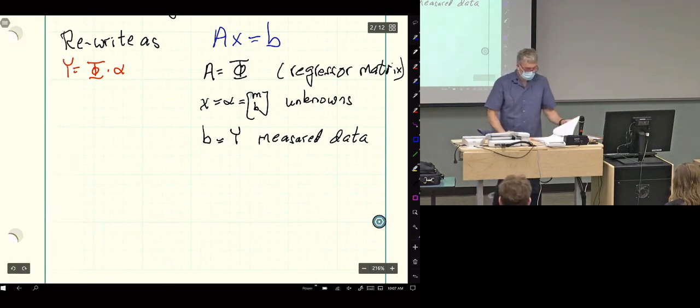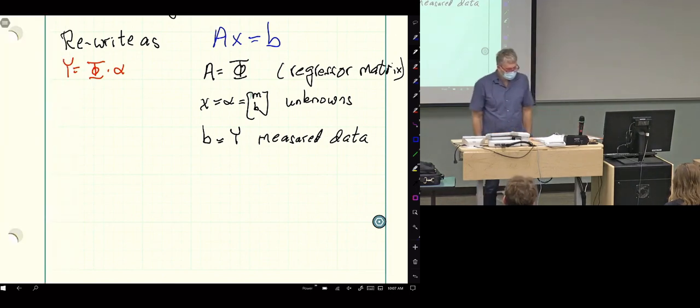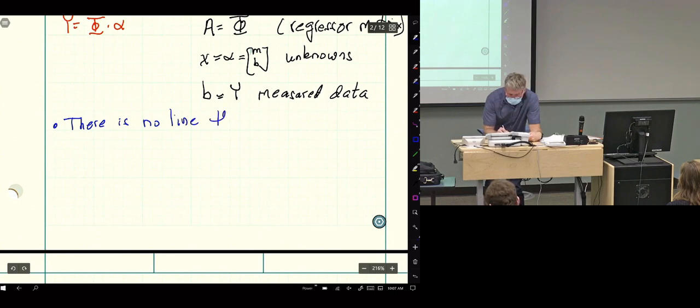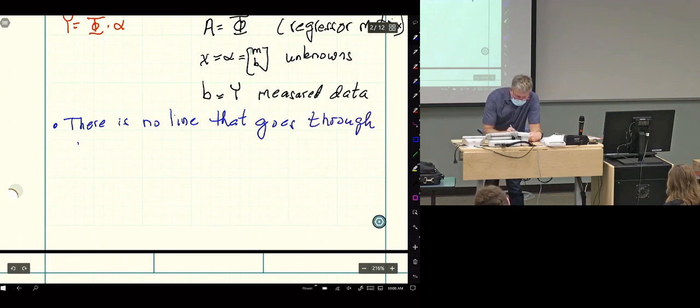Okay, so let's just play around with this. And so here's our point. There is no line that goes through all data points.